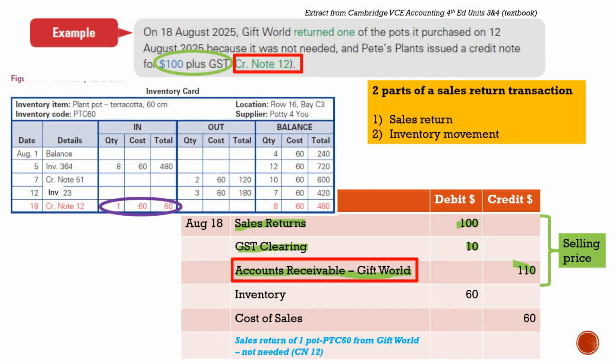From the inventory card, we can see that the customer has returned to us 1 unit of inventory, with a cost price of $60 per unit. In our general journal, we record this return of inventory by debiting inventory $60 because our inventory has now increased by the 1 unit, and we adjust our cost of sales by crediting the account $60.